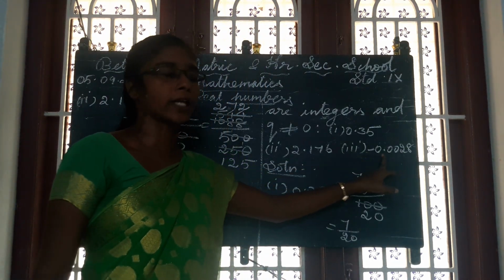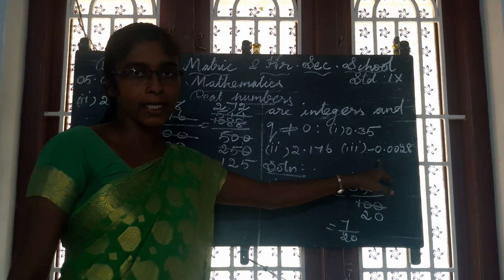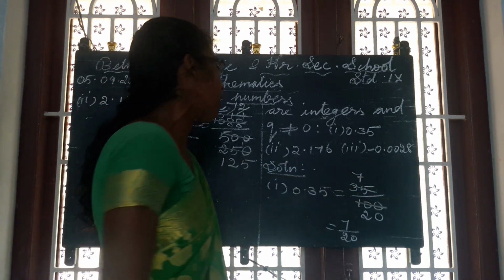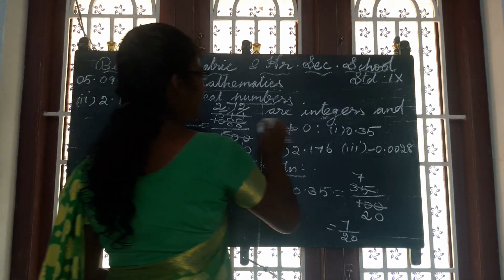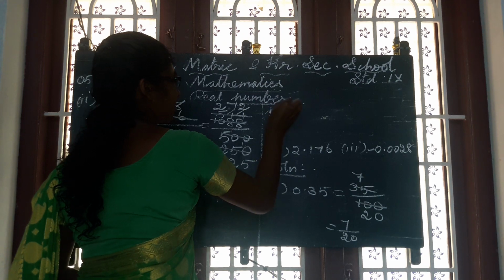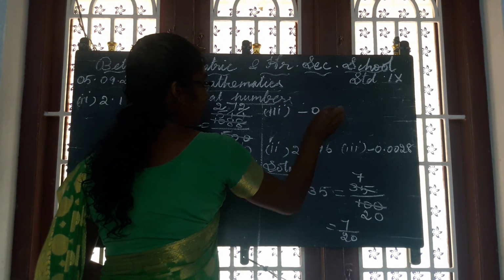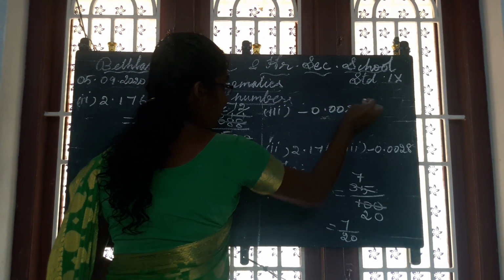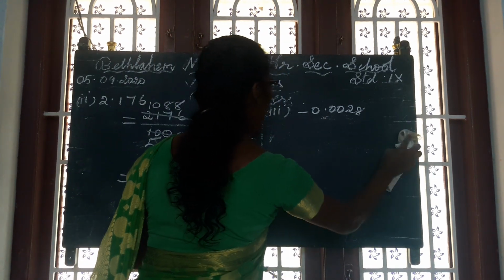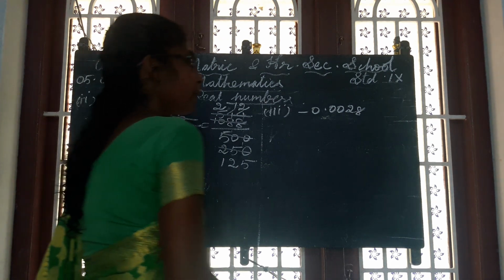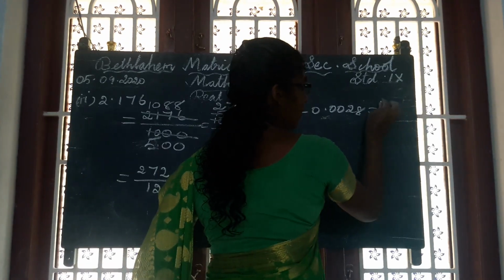What is the next problem? Third problem: minus 0.0028. How can we write it? First, don't forget to write the minus.